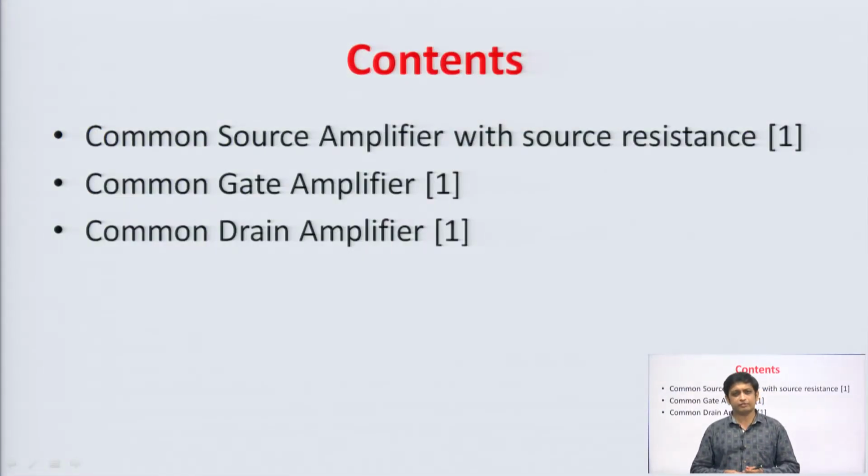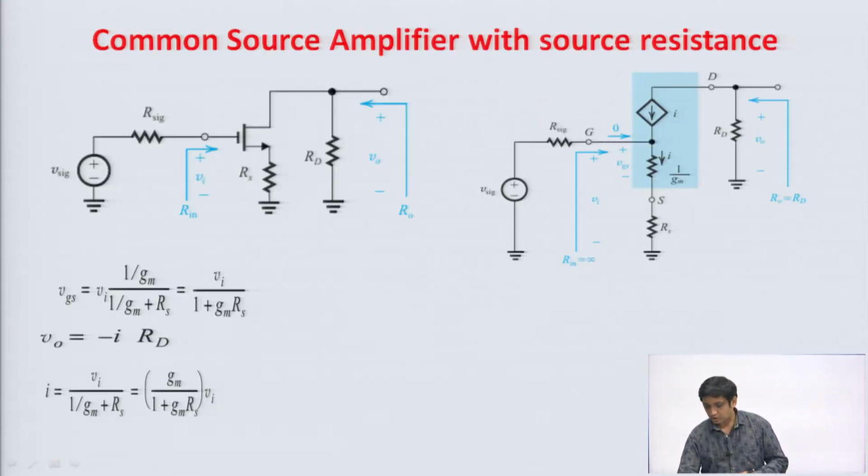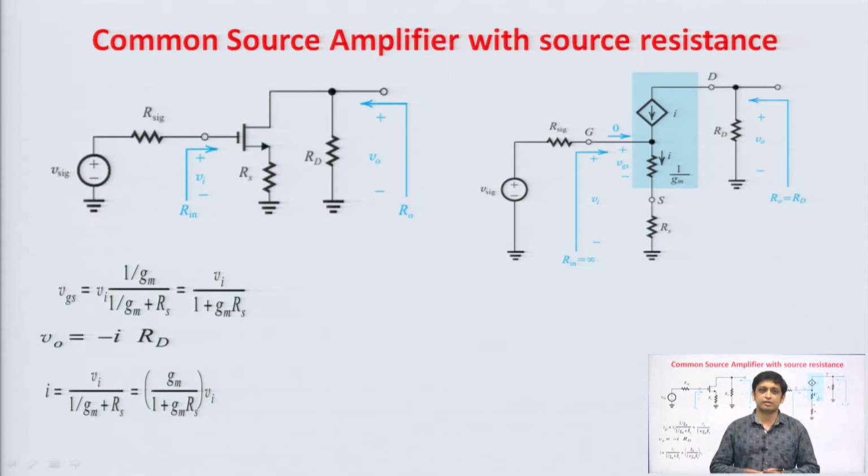In common drain amplifier and in common source amplifier, since the input is applied at the gate terminal, your input resistance is infinite, because we consider that gate current is 0, because there is a SiO2 layer, insulator layer, right. But in case of common gate amplifier, we will see what the input resistance is, fine. So, starting with the common source amplifier with source resistance.